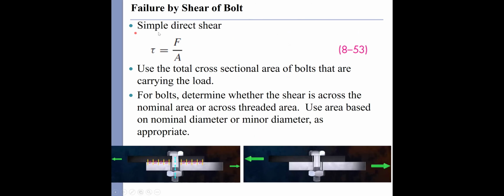For shear, it's simple direct shear. If we have a pre-stress or preload applied to the bolt, this preload can be regarded as a resistance because of the friction.